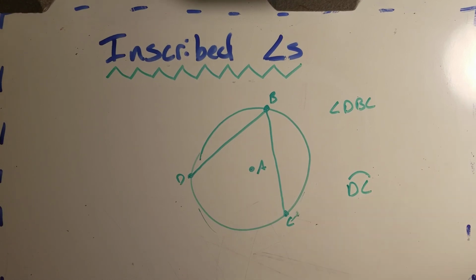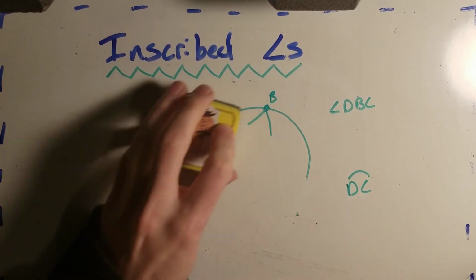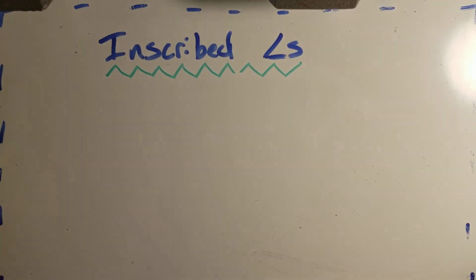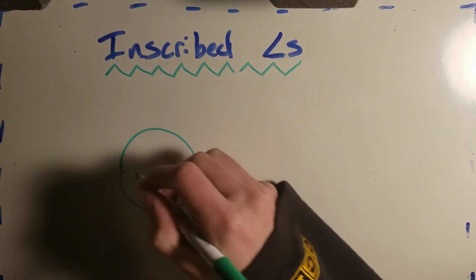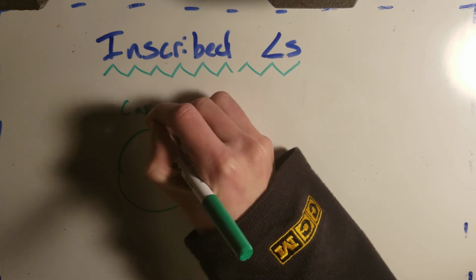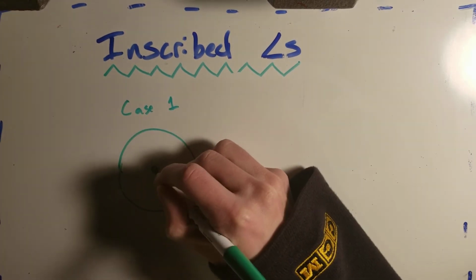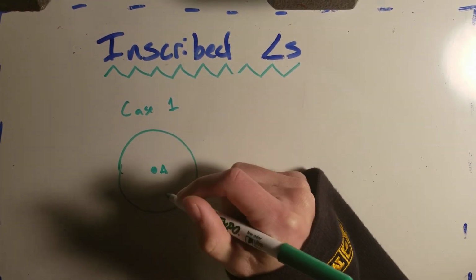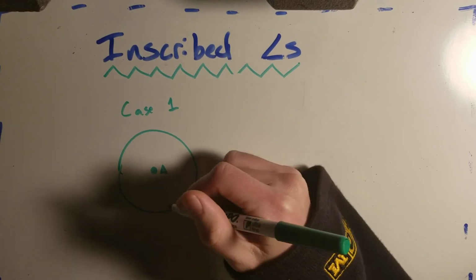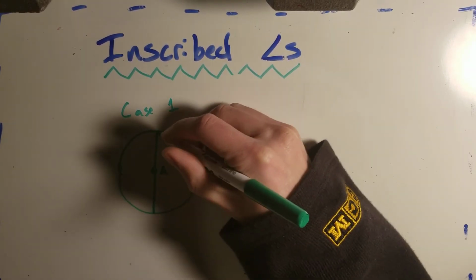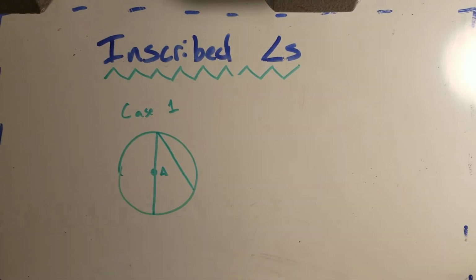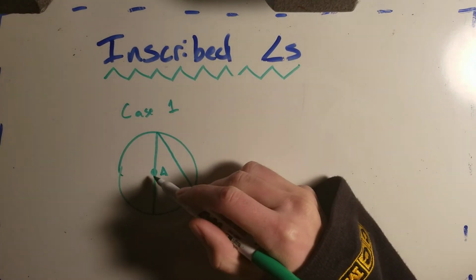Now when we have inscribed angles, there are really three possibilities. So the first case, say case 1: if you have a circle, circle A again, and you have an inscribed angle, one of the sides of that angle goes through the center of the circle.